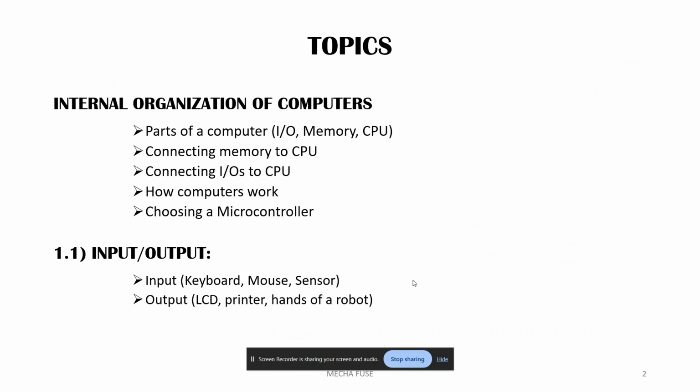Input output devices means any device from which we will give input signal to a computer, and the CPU or computer will process and give an output signal to the output. These input devices can be keyboard, mouse, sensor, or output devices can be LCD, printer, hands of robot, and many other things we can say.